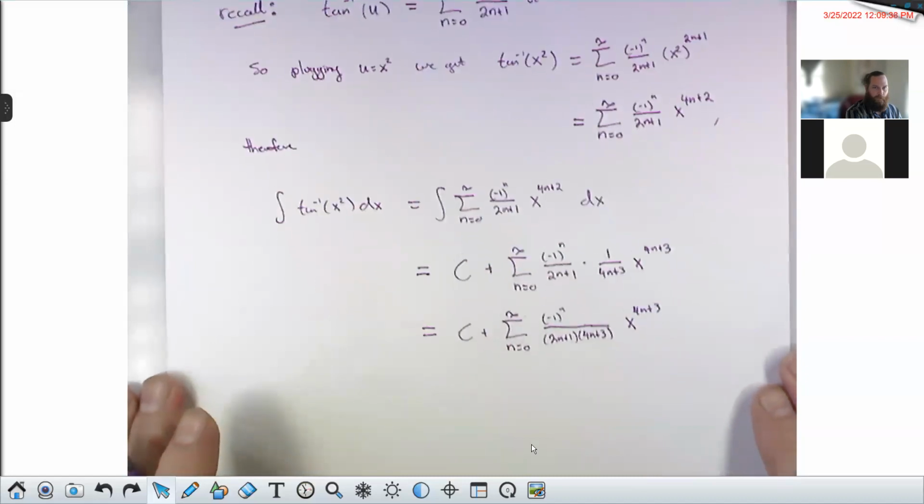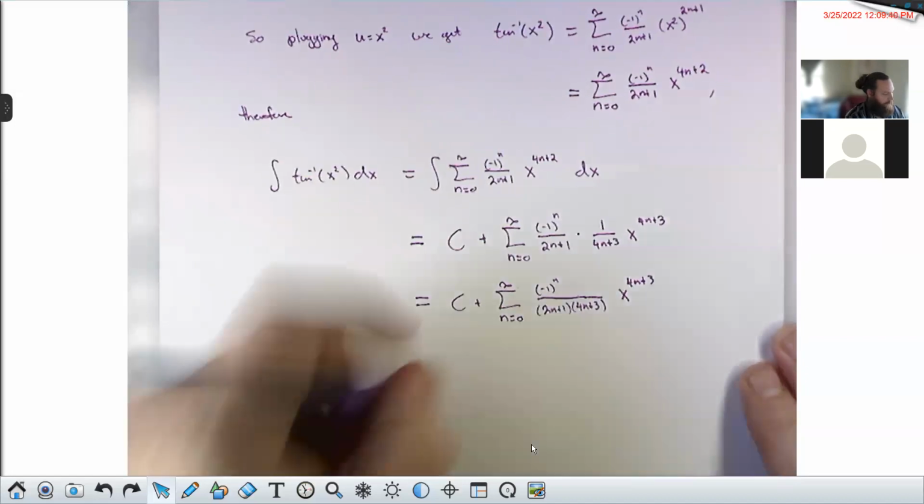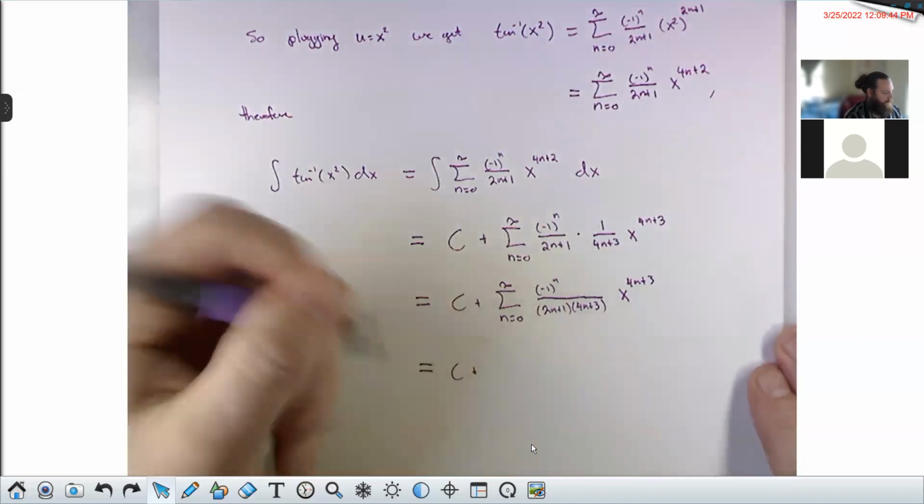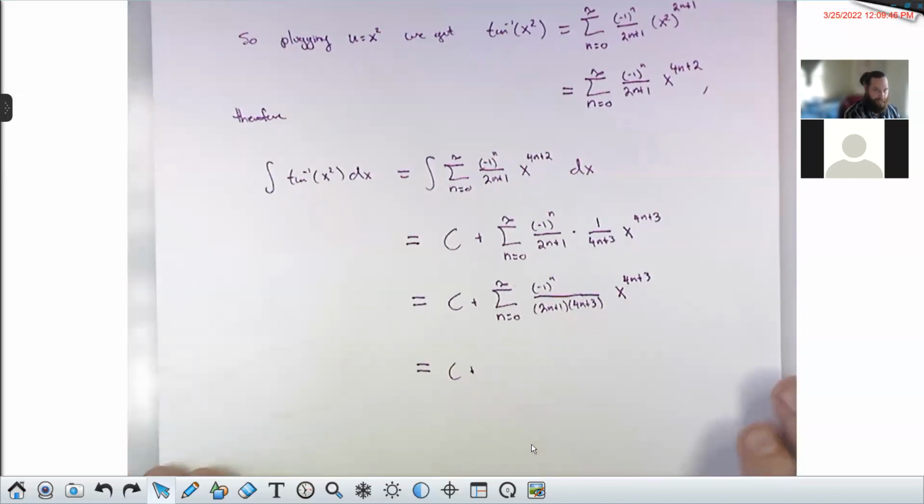Now looking forward to what we're going to be doing next week, I'm going to write out the first few terms of this series and then look at some graphs in Desmos. So if I start actually writing out the terms of this series, when n is 0, you have 1 over 1 times 3 times x cubed.